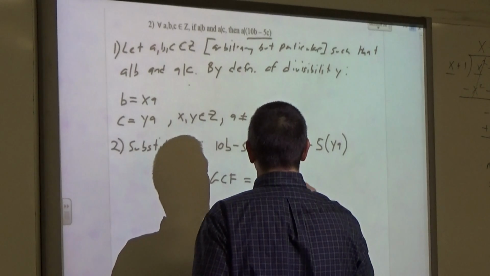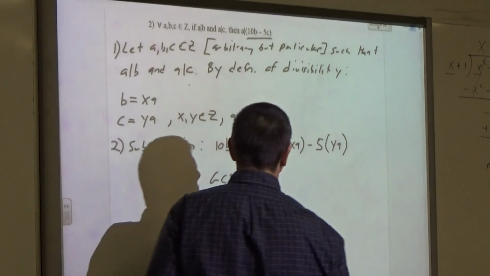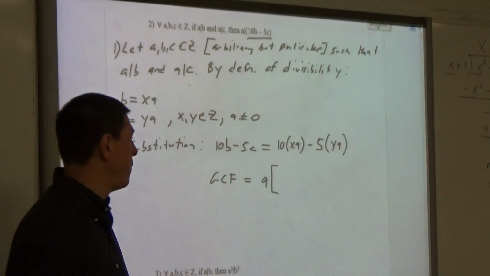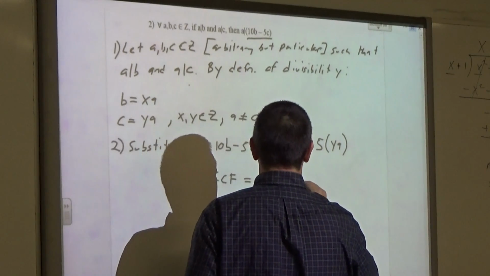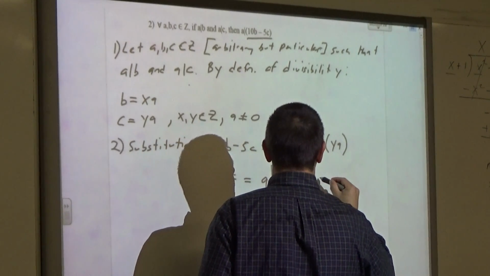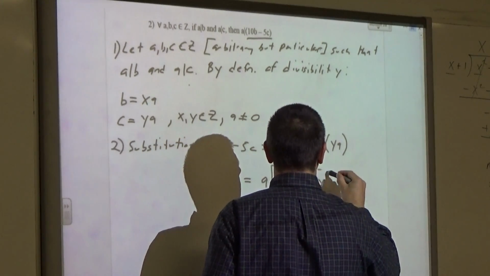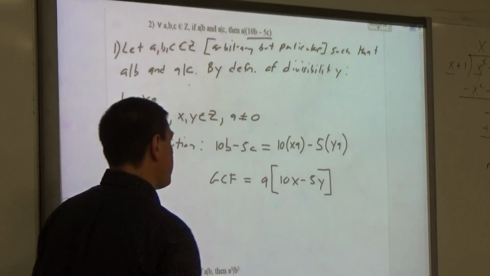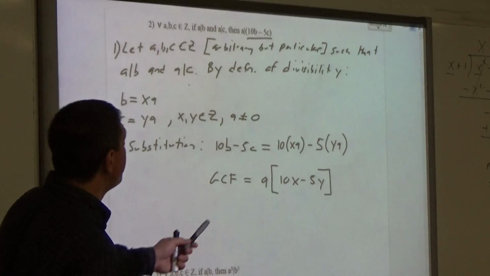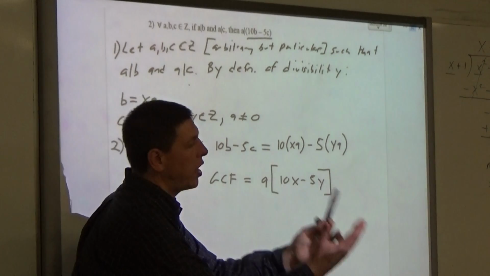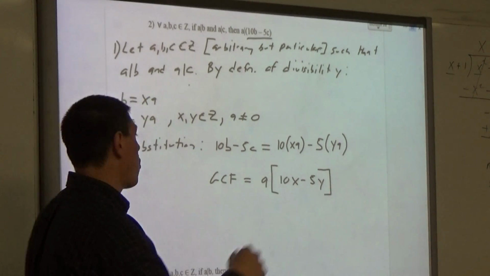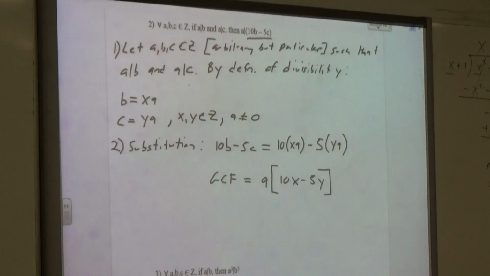If I was to factor out the A, guys, what are we left inside? 10x minus 5y. And Don, notice that I didn't factor out the 5 just because now I've isolated a factor of A. And you're right, you certainly could do that. Do we know anything about 10x minus 5y? It's an integer, right? You want to call it m?